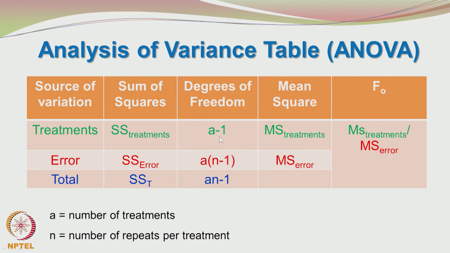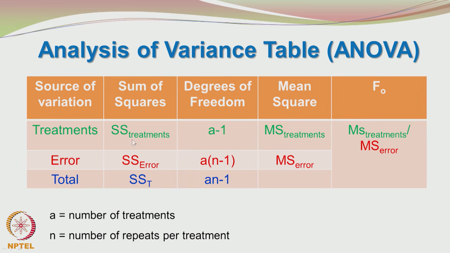So you divide by A minus 1, where A is the number of treatments, and for error, to get the scaled error squared, we divide the sum of squares of error by A into n minus 1. A into n minus 1 is the degrees of freedom for the error component.